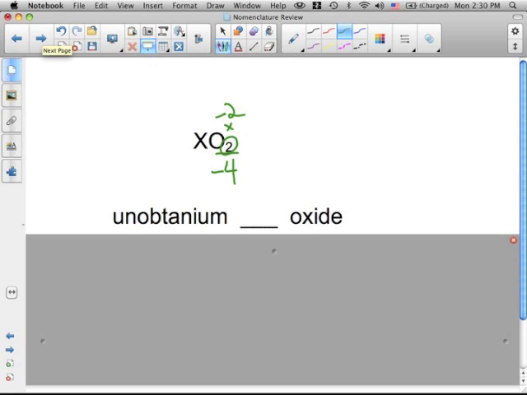Because XO2 is a compound, it has a neutral charge. All compounds have neutral charges. If they didn't, they would be ions. But because XO2 has a neutral charge, the charge on X plus the total charge on O must equal 0.